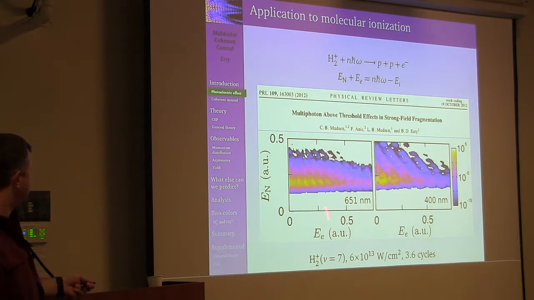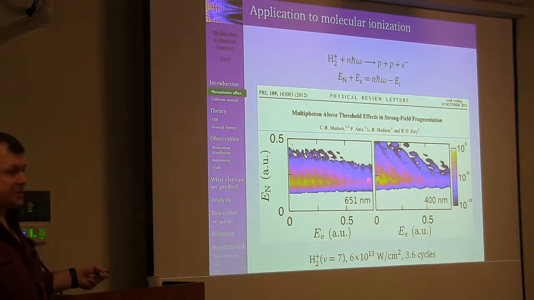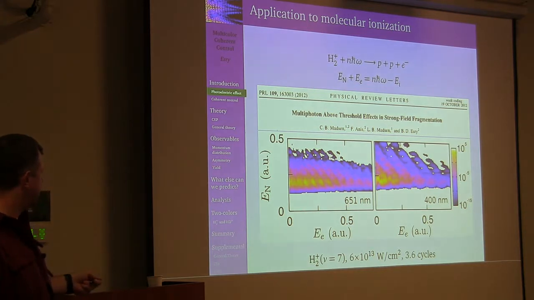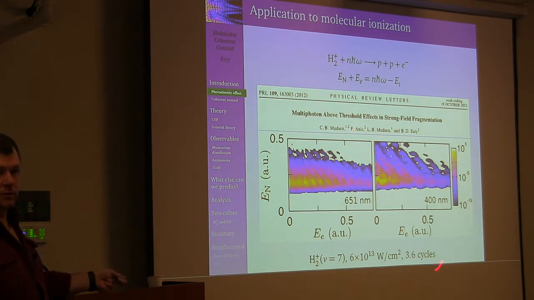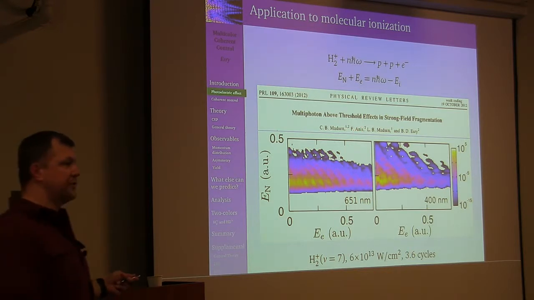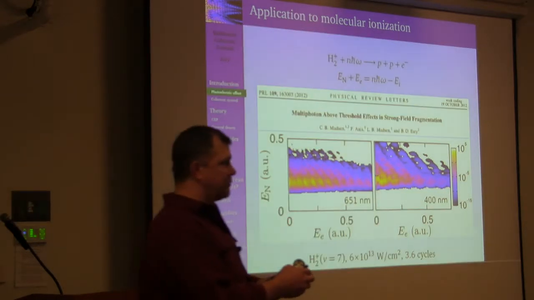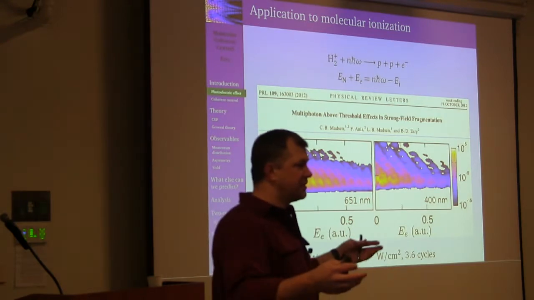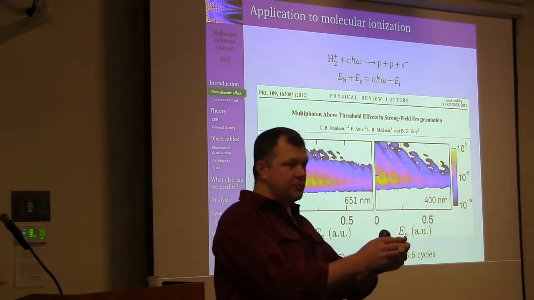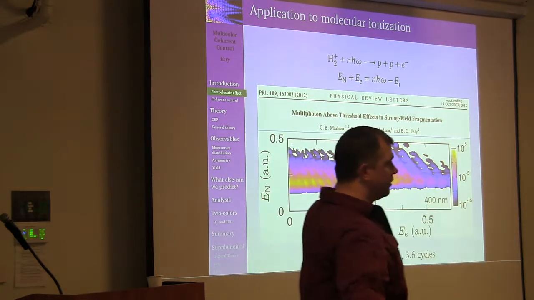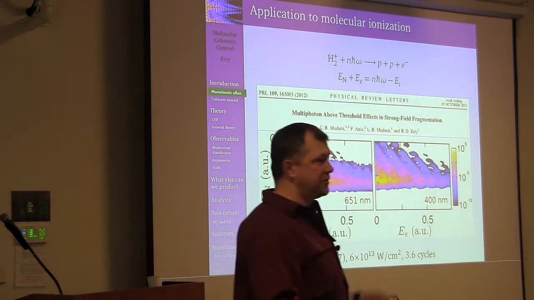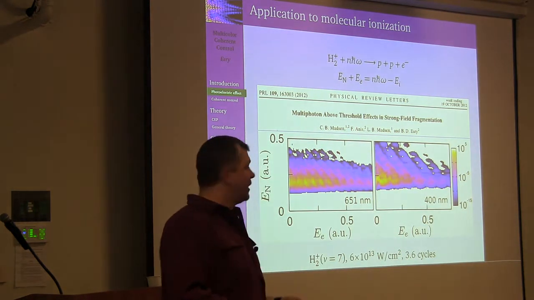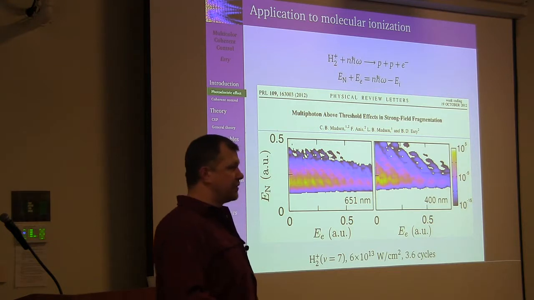Okay? And that means that if you plot the joint energy spectrum as a function of the electron energy and the relative nuclear energy, you get these lines. Those lines are the multi-photon lines. So the system absorbs 15 photons, and that energy gets shared between the electron going away and the nuclei going away. Okay? But there's still only so much energy available, given by energy conservation.